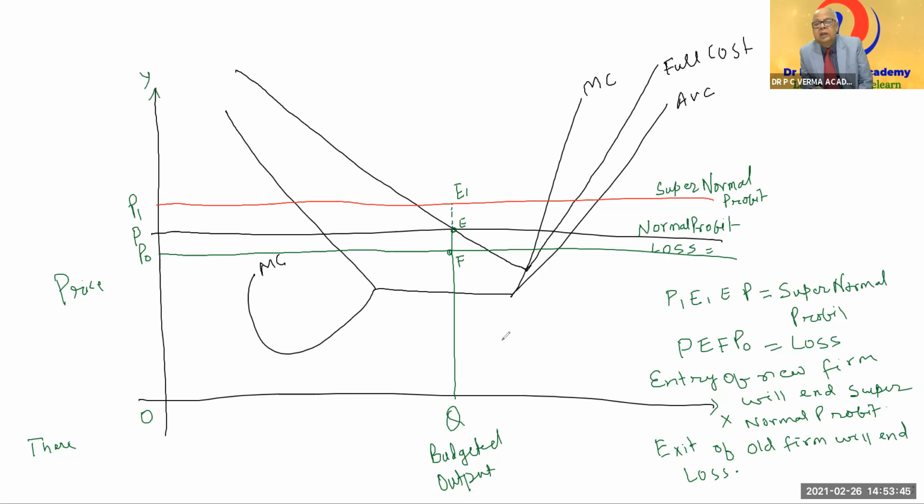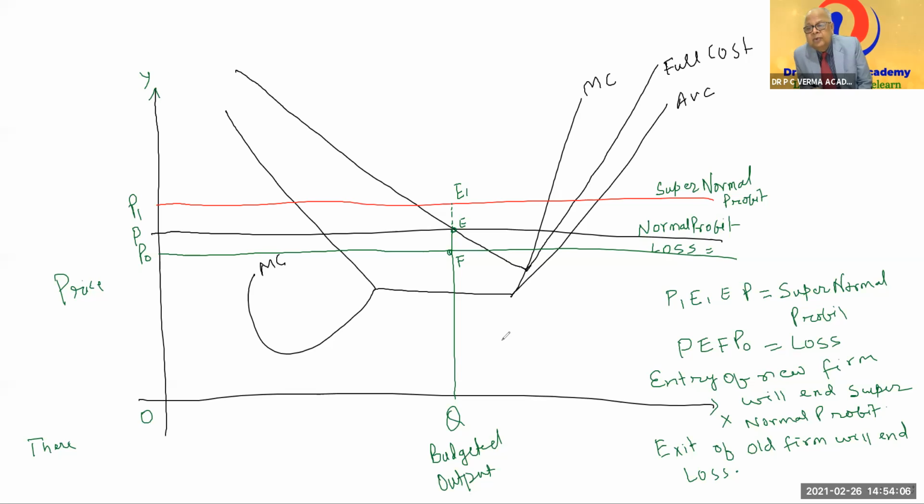In that way, more than full cost will not sustain. And in a loss case, there will be exit of the old firm, and price lower than full cost will not sustain.